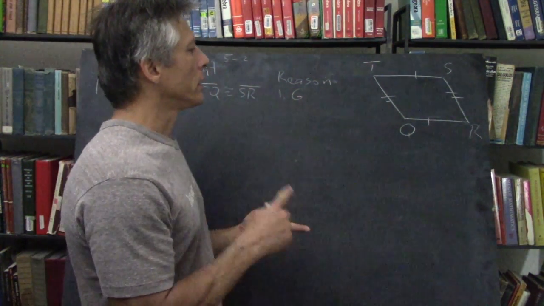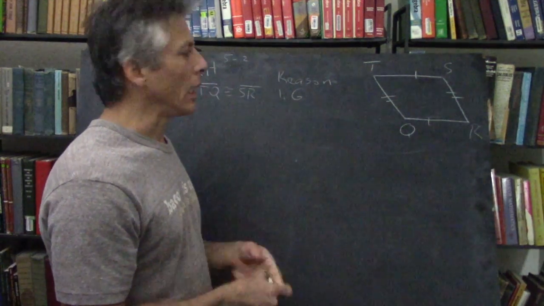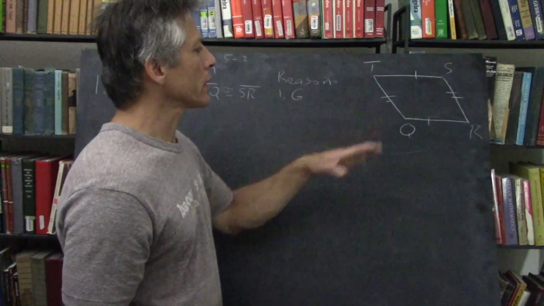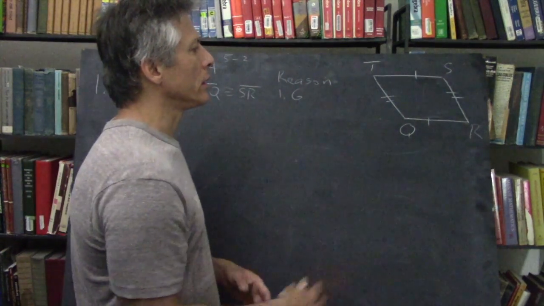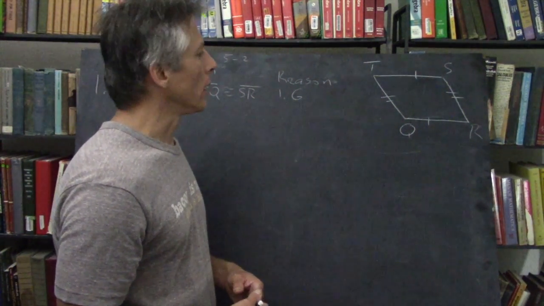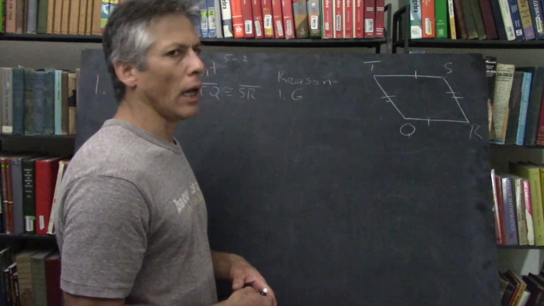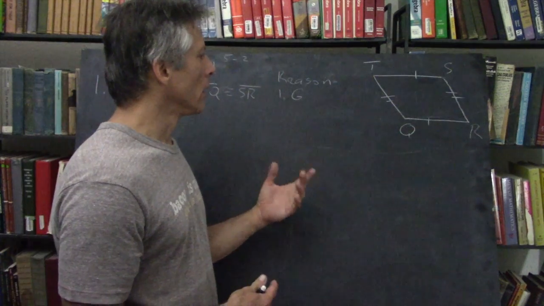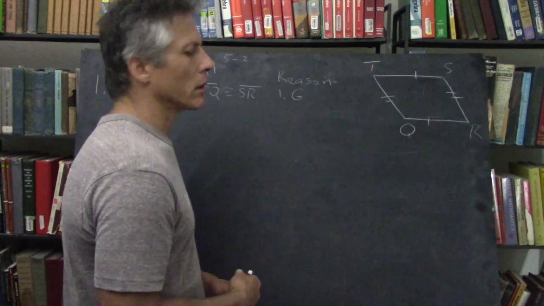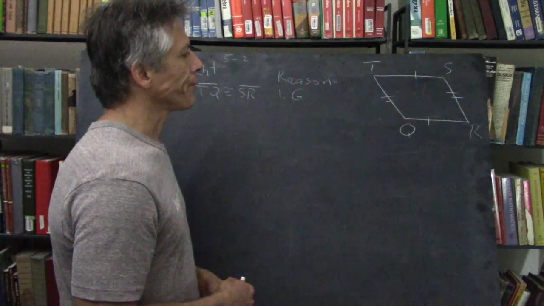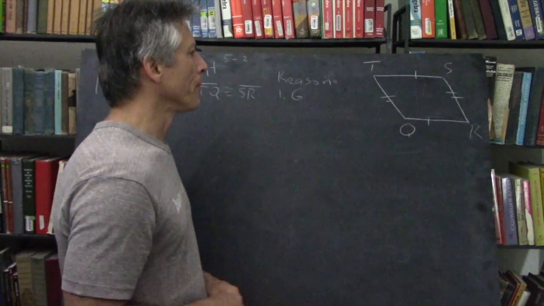Because remember, to show something's a parallelogram, we have to show that it fits the definition. We got to start with this and work our way to showing that opposite sides are parallel. And that's why we were talking about the angles being congruent, so that we can show opposite sides parallel. Remember our definition at the beginning of section 5.1? That's what we got to try to get back to.